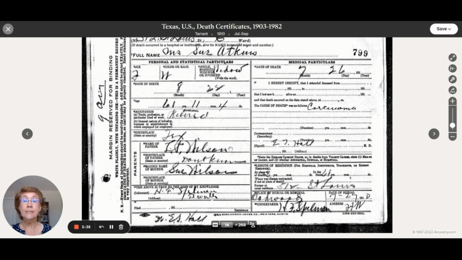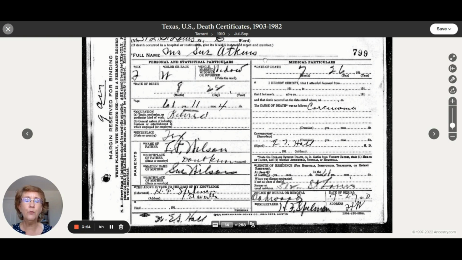So my guess is that Sue Atkins, this tells me her maiden name was Wilson. So I need to look for a marriage record with the name of a Sue Wilson and a gentleman with the surname of Atkins.